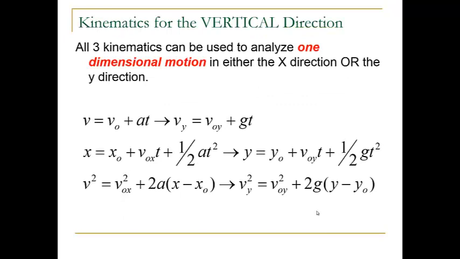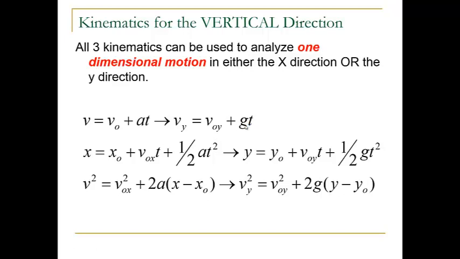All right, so we used X's for everything. You can use your kinematic equations, or the amigos, also for the y direction. When you're using the y direction, the only things that change are that your variables get a y in addition to the letters. So instead of it just being your final velocity, it's final velocity in the y. Instead of it being just initial velocity, it's initial velocity in the y. That's it. And then when you're looking in the y direction, your acceleration is going to be gravity.